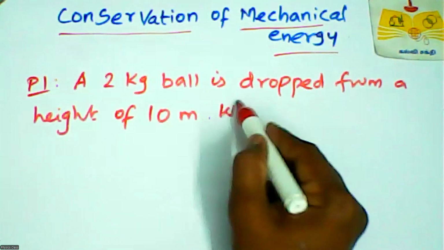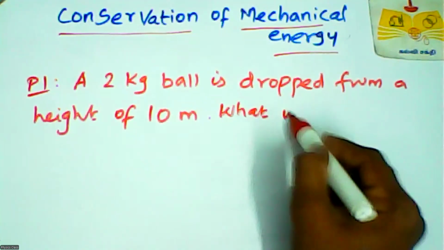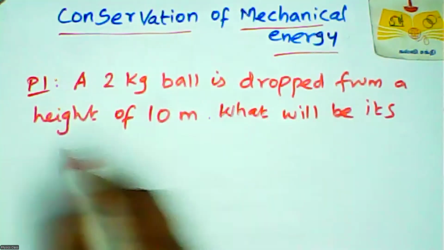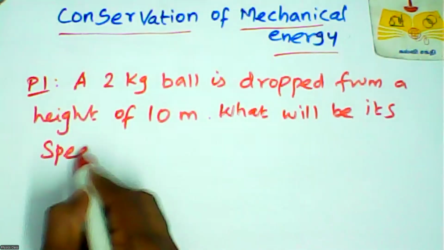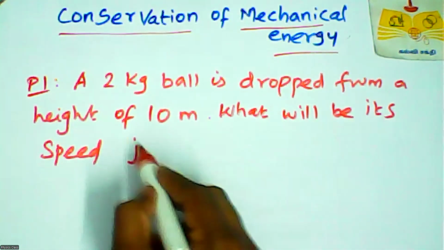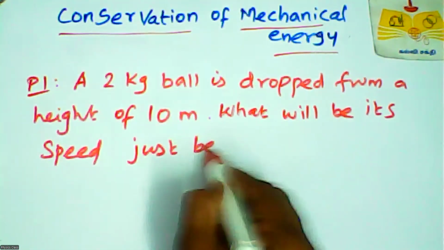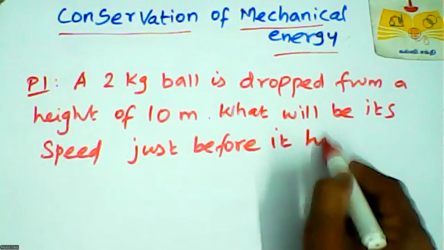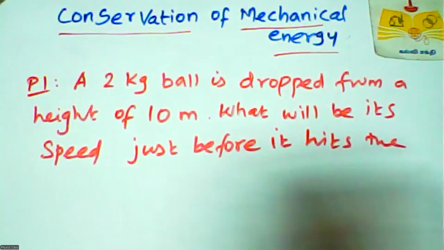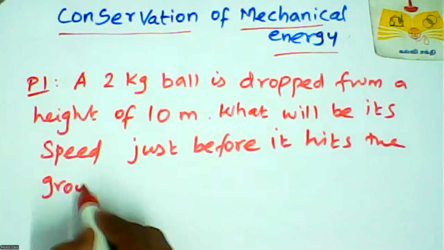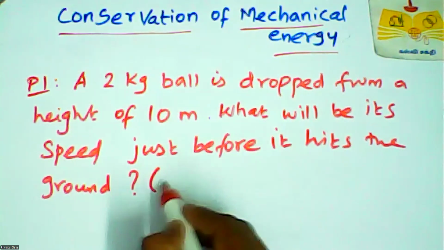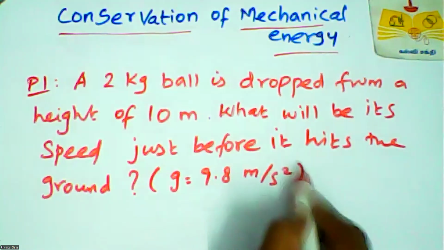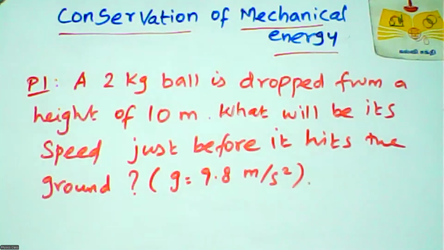What will be its speed just before it hits the ground? Take g equal to 9.8 meter per second square. So this is problem number 1.